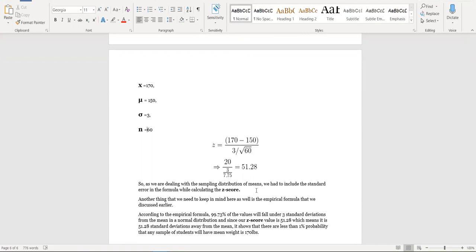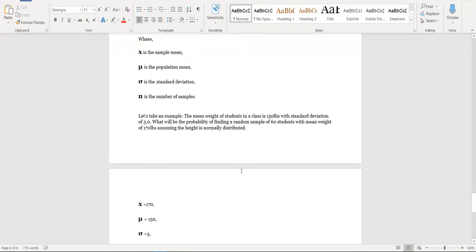So here our z value is 51.28, which is a very high value, and it's clearly larger than 3. So which means that the sample mean, which is 170, is a clear outlier. So we can conclude from this that the probability of the mean weight of the sample being 170 pounds is not true.